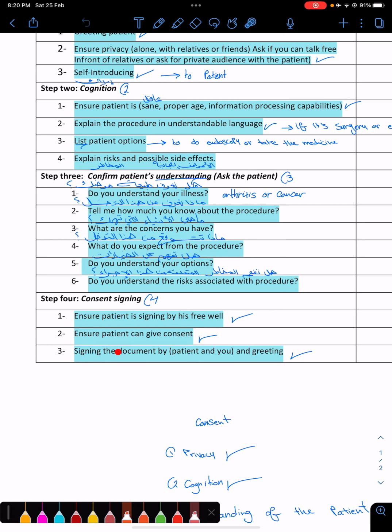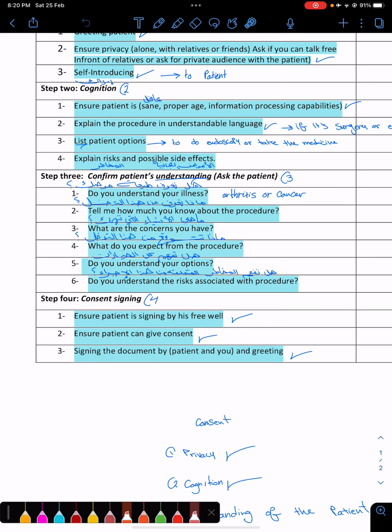He's an adult, he can handle all of these responsibilities, right? Then just sign the document, the patient as well, and greet each other. So this is the consent signing.